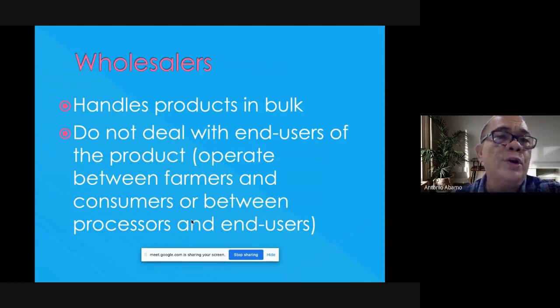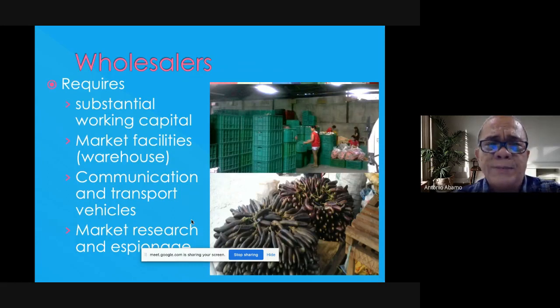And then also, these are examples of wholesalers. Sometimes wholesalers specialize in a particular product. For example, for vegetables, you can see specialized wholesalers, which means they specialize only in eggplant. So you can see in their stall eggplant in voluminous quantity because they buy in bulk.